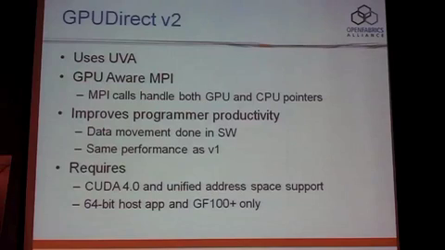And it allows you to modify an MPI stack such that the MPI stack is now GPU aware, meaning that when the MPI is doing a receive, it can look at the value of that pointer and make a call to introspect whether that pointer points to system memory or to device memory on one of the GPUs. And then the MPI can, behind the scenes, do the right thing.